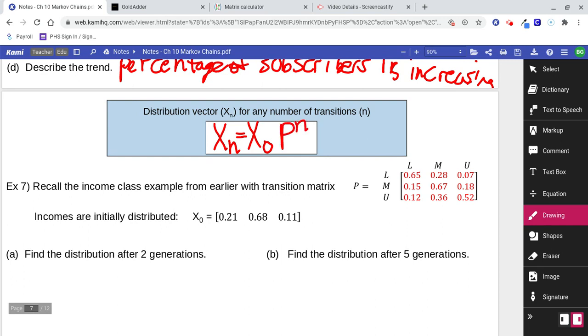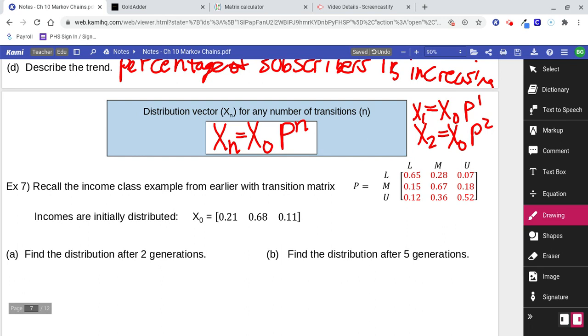So what that means is if I wanted to find the distribution after one transition, I would take x0 times p to the first. And if I wanted to find it after the second, I would take x0 times p to the second. And so on and so on and so on. So that's a pretty useful formula for finding the distribution.